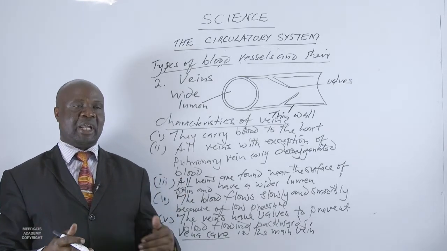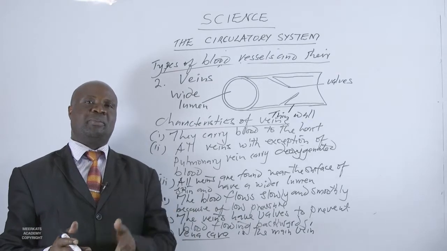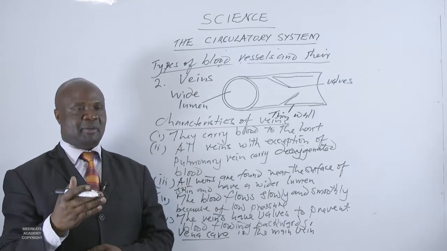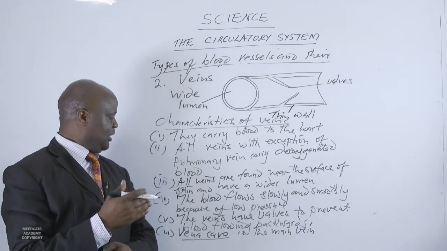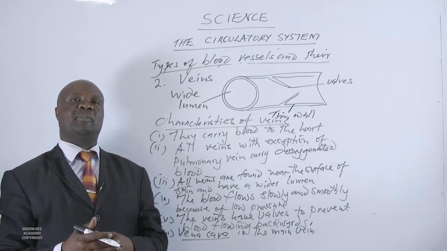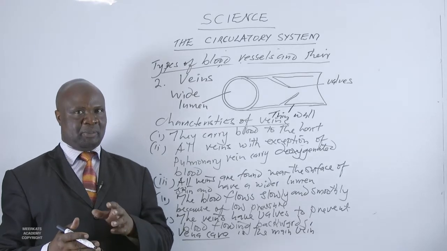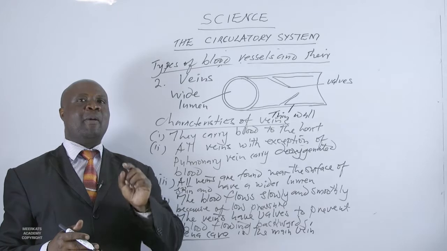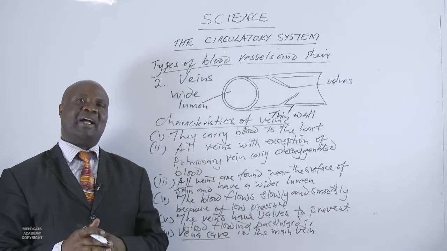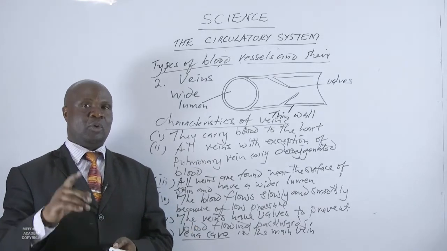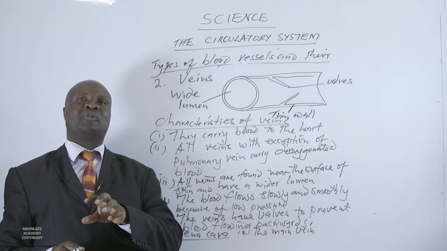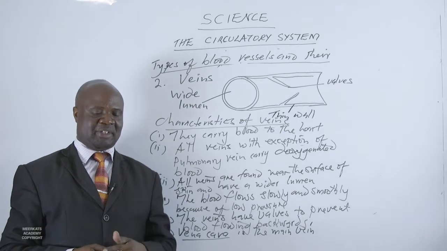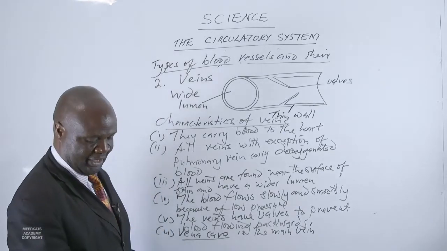When we have the diagram of a heart, we shall be able to see the position of the main vein, the vena cava, and the position of the main artery, the aorta. We shall also see where the pulmonary artery and pulmonary vein are. The heart has four places where the blood enters through and leaves through the chambers of the heart.